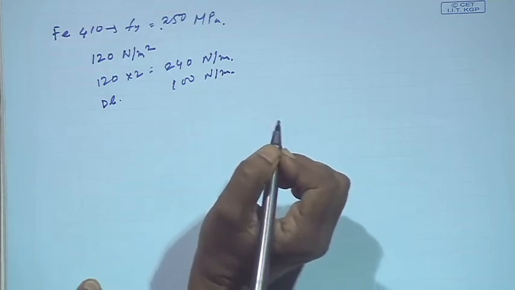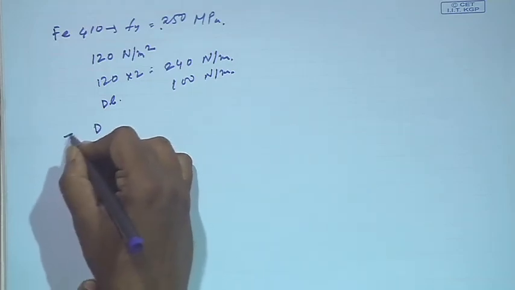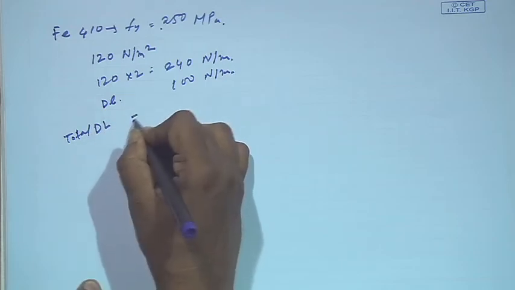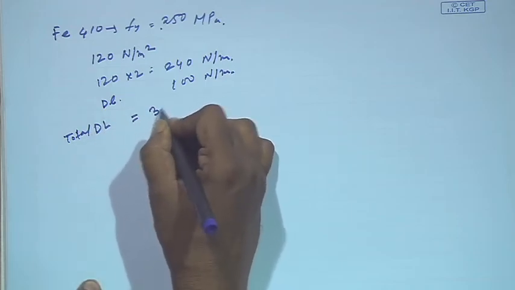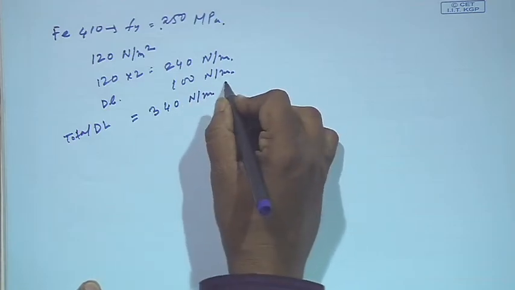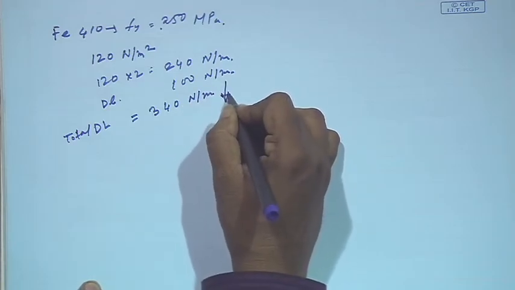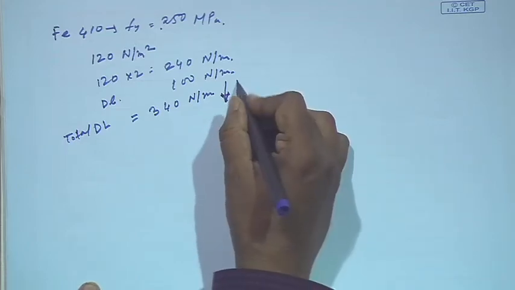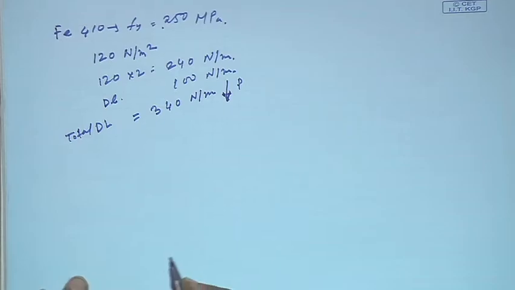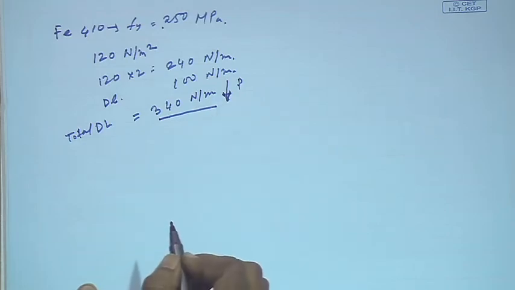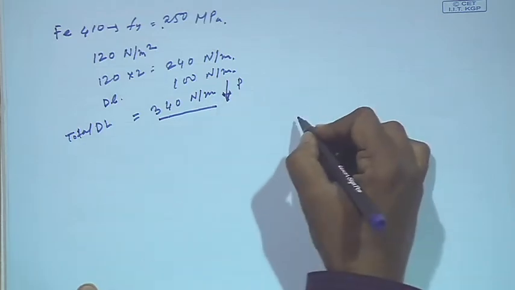So, the total dead load we can consider as 340 Newton per meter, and that is acting vertically downward. So, the total dead load acting vertically downward is 340 Newton per meter and it has two components.